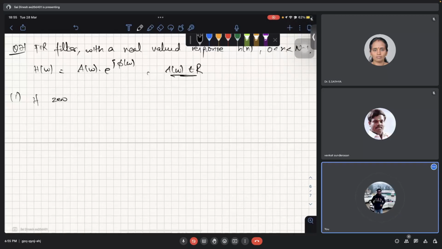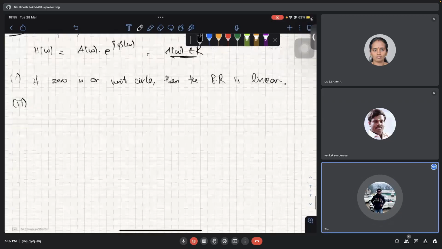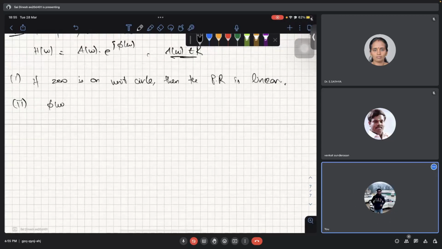So if the zero is on the unit circle, then the phase response is linear, but what is it generally? And then the second part is phi of omega can have jumps of pi.